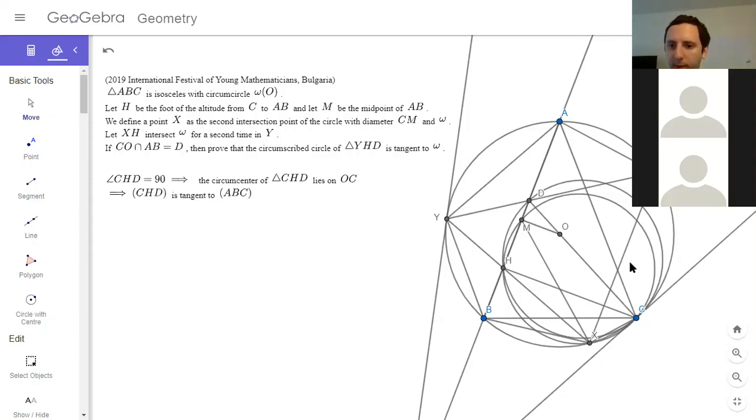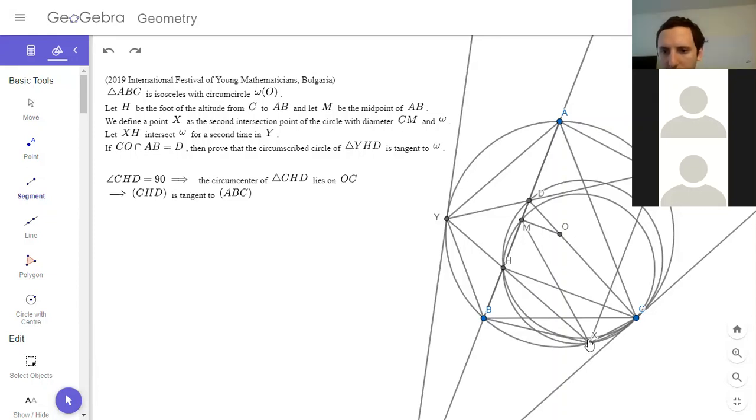Yeah, I'm trying to figure out how to show AYBC is a harmonic quadrilateral. It feels like it should be easy, but I'm just not sure how to do it. Yeah, what do we project?